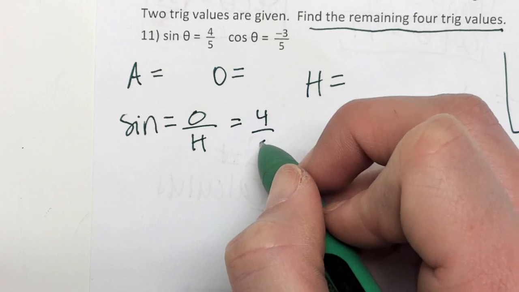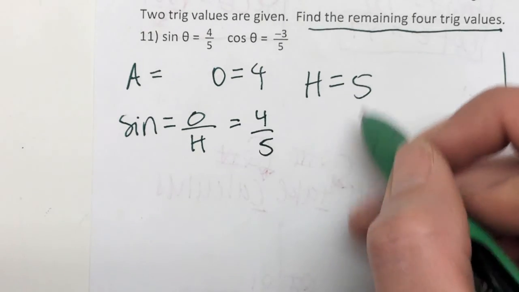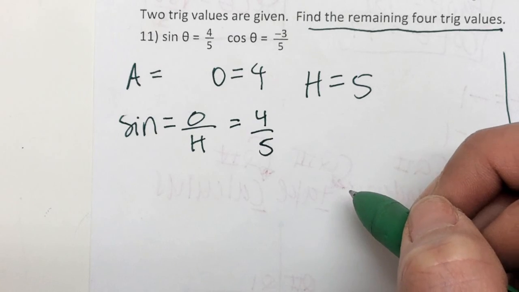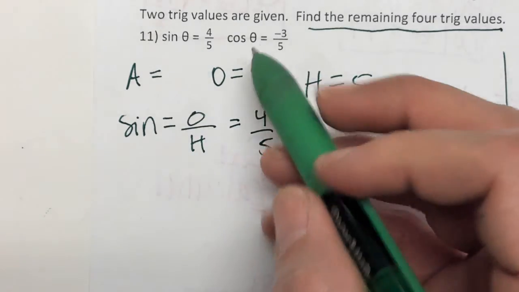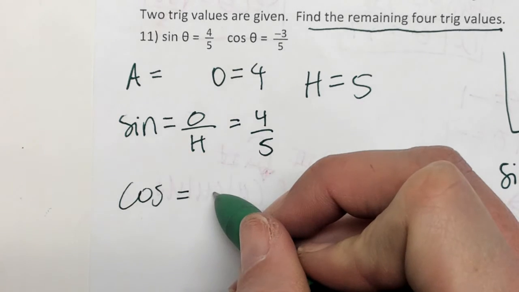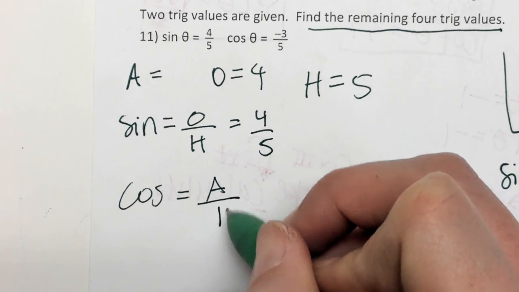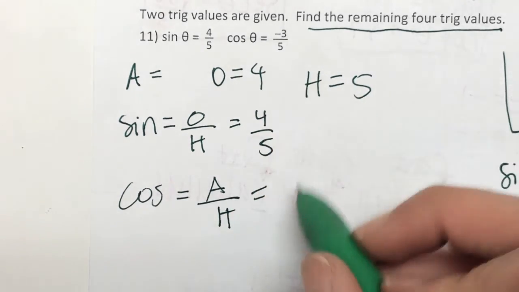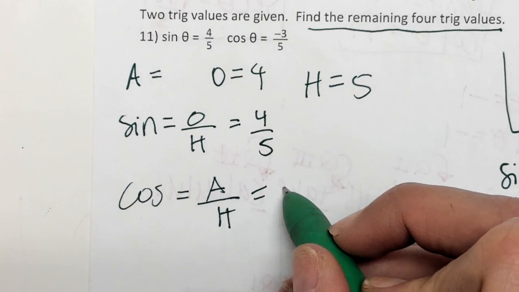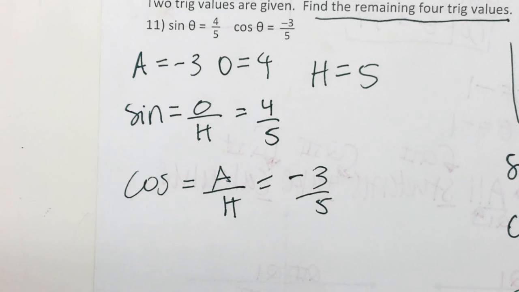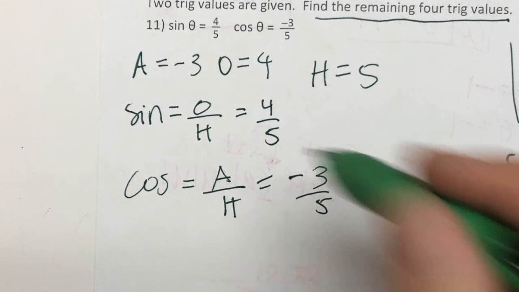And hypotenuse? Good. It's just memorizing these formulas. Then what's cosine? Blank over blank. So what's adjacent? -3, right? There's no math involved on this one. They give you everything. So we already have sine and cosine.